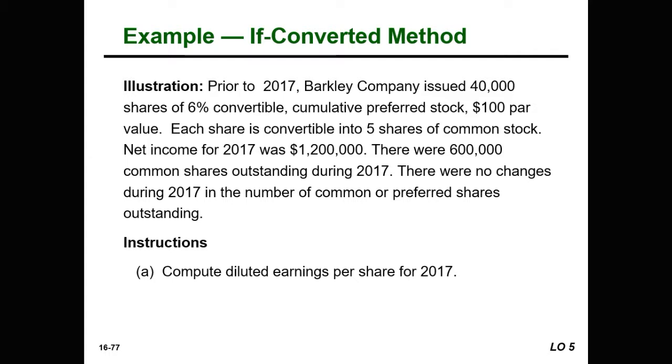Net income for 2017 was $1.2 million, and there were 600,000 shares of common stock outstanding during 2017. There are no changes during 2017 in the number of common or preferred shares outstanding.